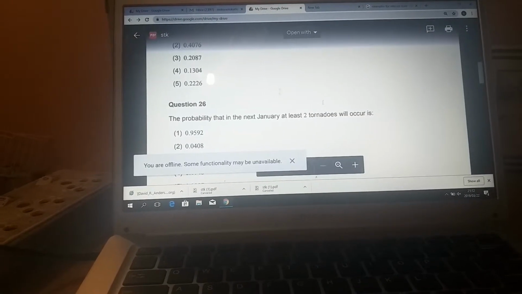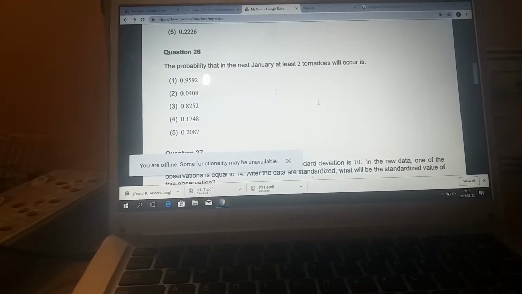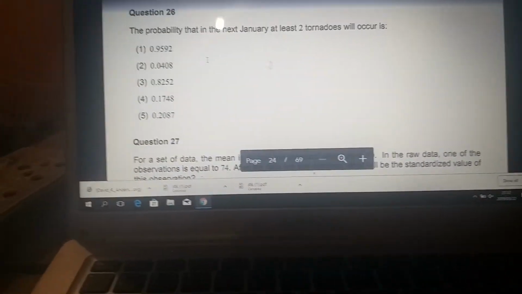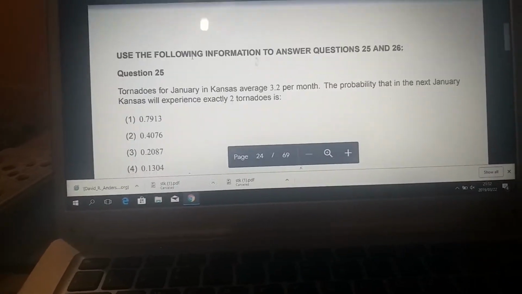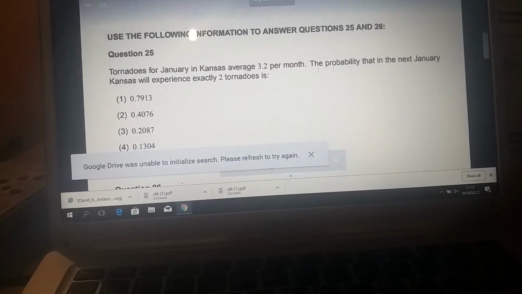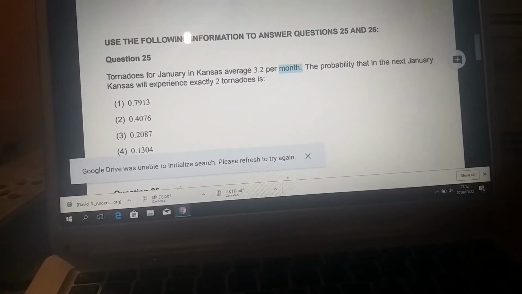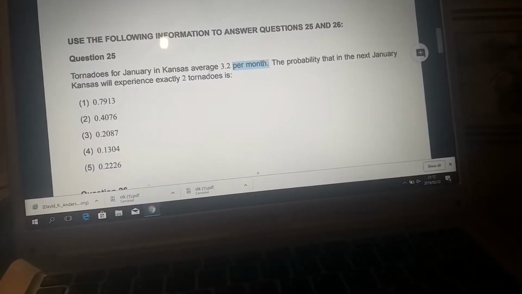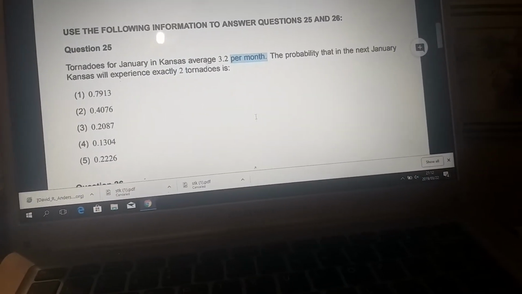So why do I say we have a Poisson distribution? It's because we are talking about per month, a certain time interval.